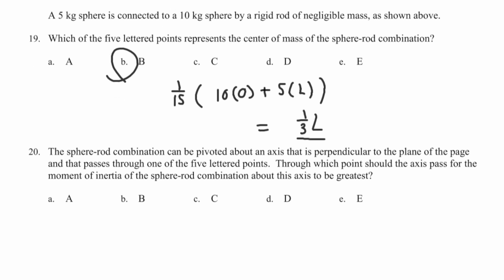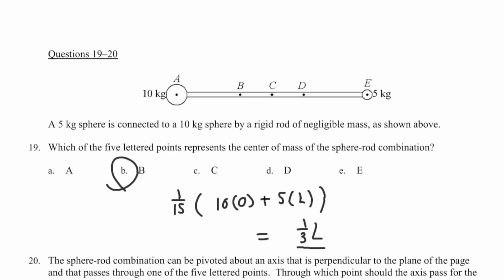So we know that I total for our system is just going to be the sum of each point mass times its distance squared from the axis of rotation. So we have to figure out where can we put the axis of rotation to make that number the largest.